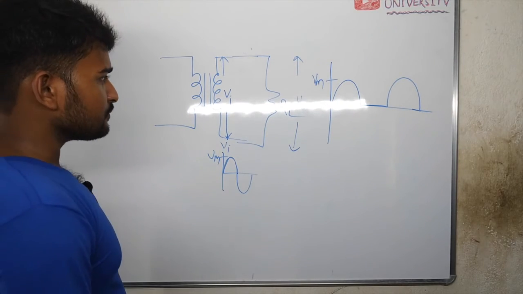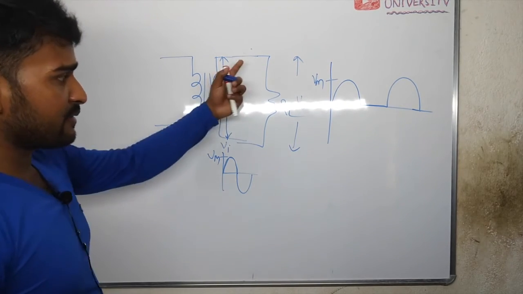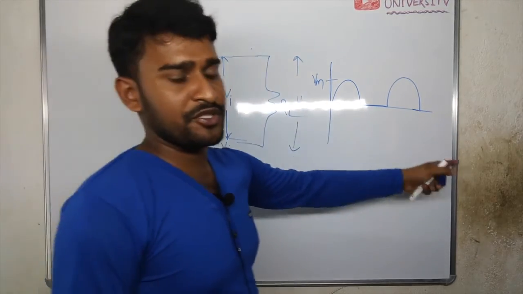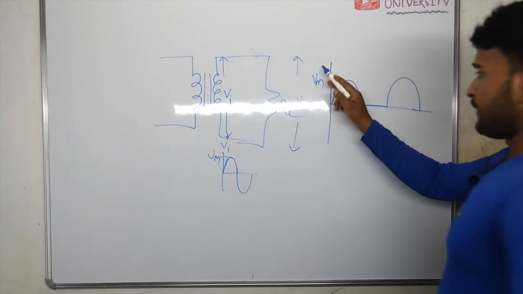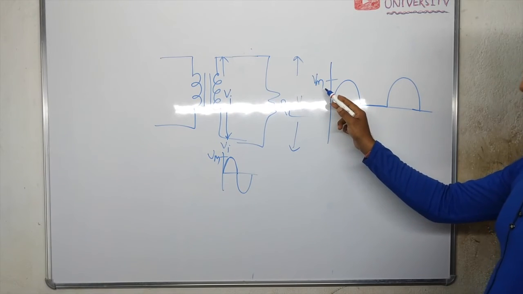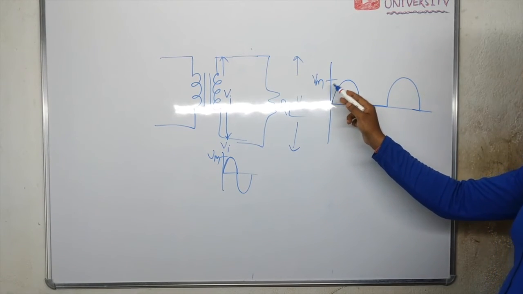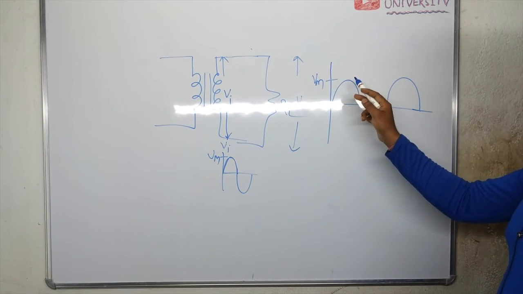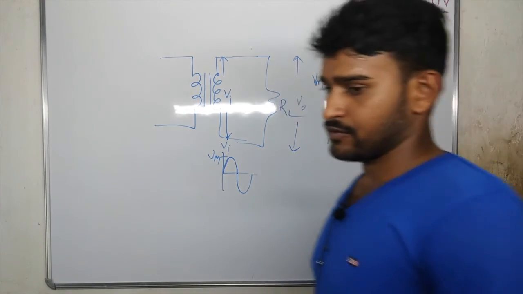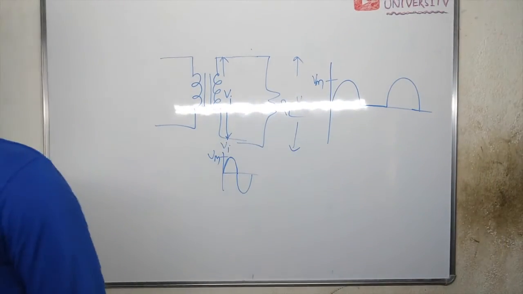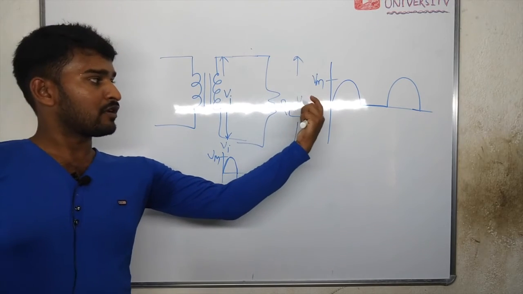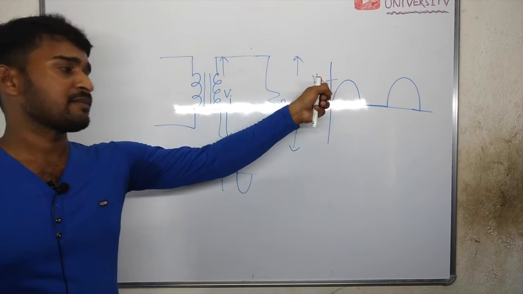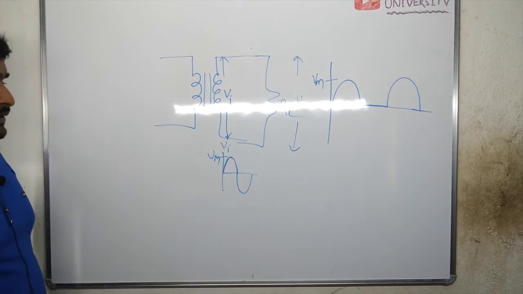During the negative half cycle, the diode will be open circuited and the output will be 0. So Vm is the peak output voltage, and the question asks for the peak load voltage, or peak output voltage. What is that? Vm.